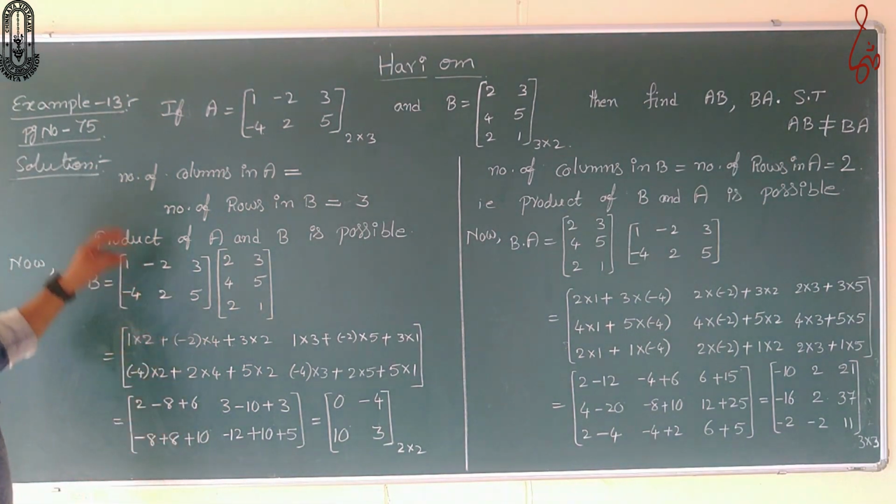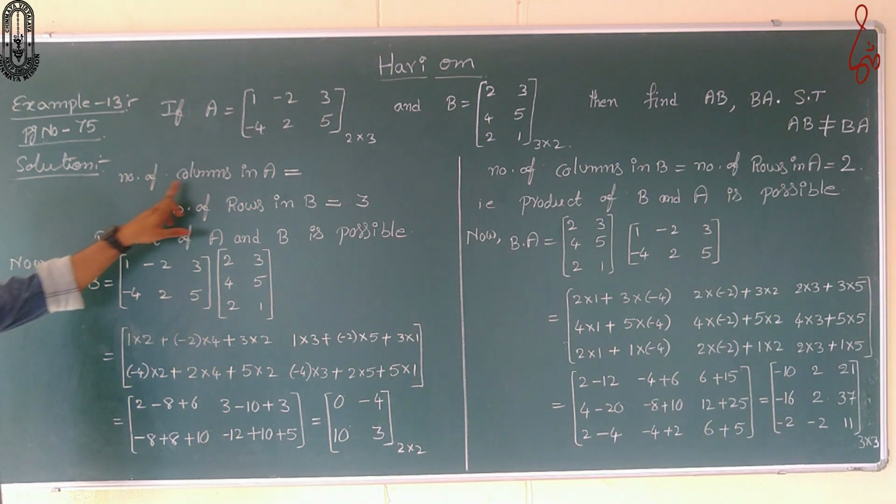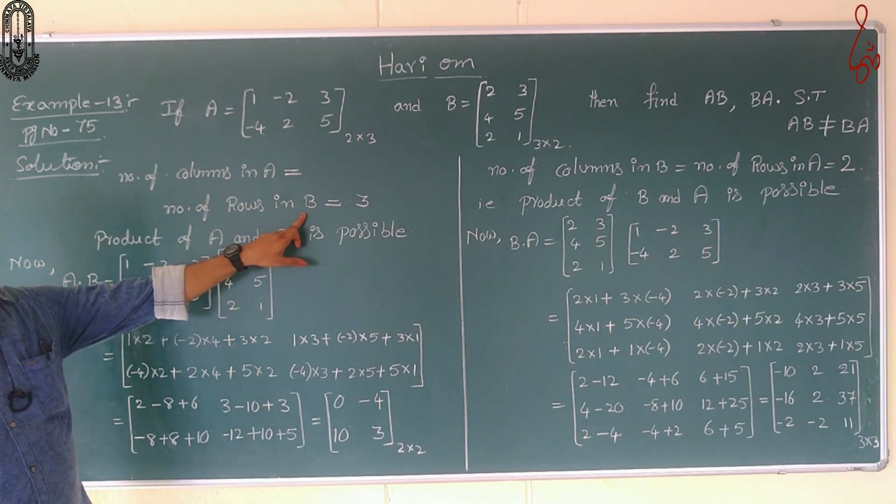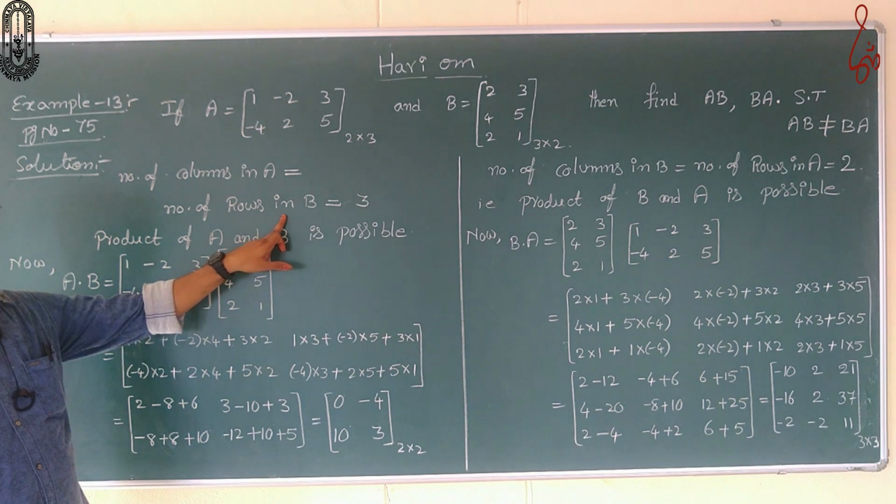First, we know that to find the product, we have a condition. What is that condition? For example, if I want to find the product of A and B, I need to check the condition: number of columns in A, number of rows in B, whether they are equal or not.